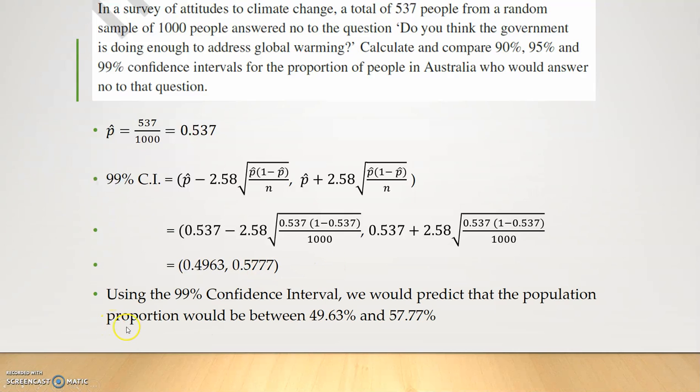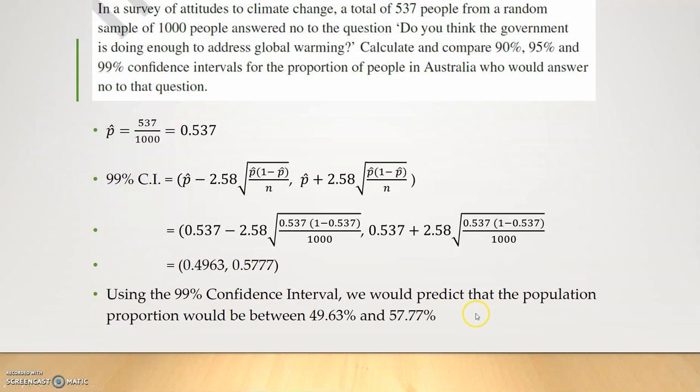And this means that our 99% confidence interval is from 49.63% to 57.77%. And so this is an interval of roughly between 50% and 58%, so a difference of 8%.